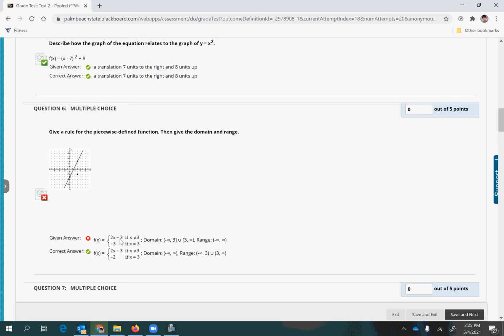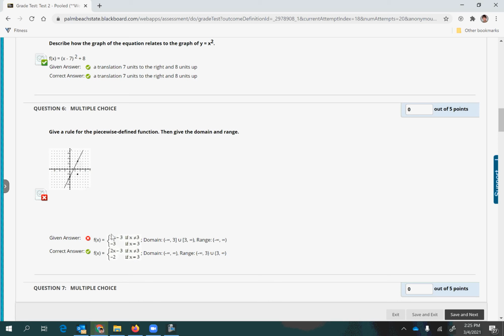You have 2x minus 3 as one of your pieces, so the -3 would be the y-intercept. And then the slope, counting from that point up to another point, you can count 1, 2, 3, 4, 5, 6, and then over 1, 2, 3. So 6 divided by 3 would be 2.